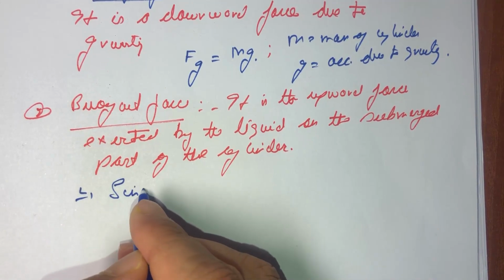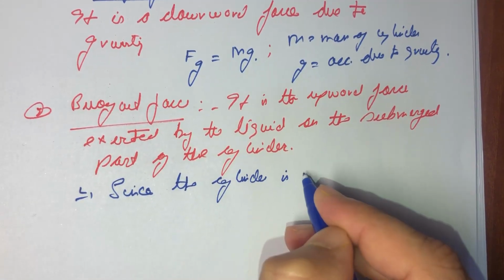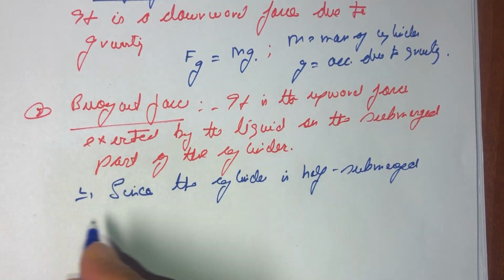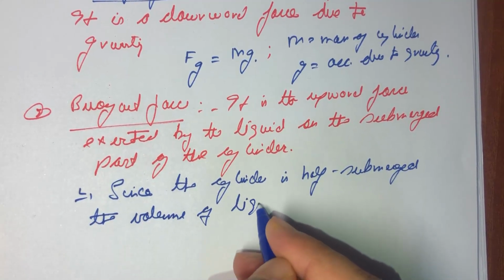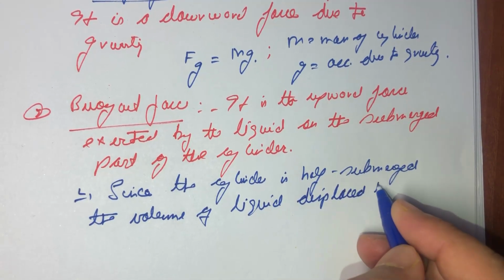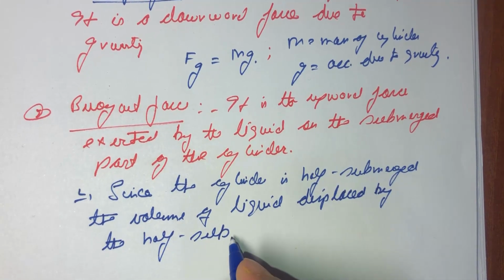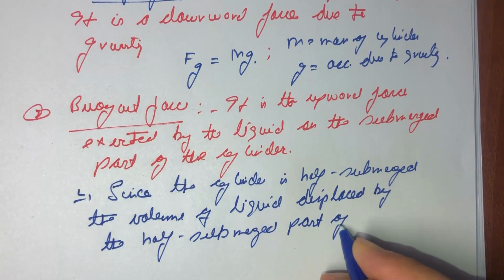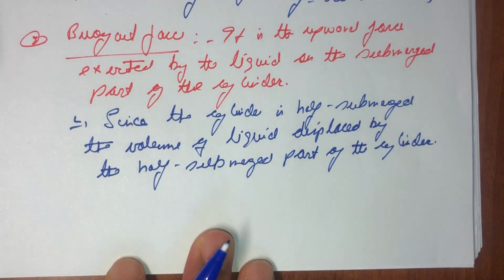So since the cylinder is half submerged, the volume of the liquid displaced by the half submerged part of the cylinder, let us call that V displaced.